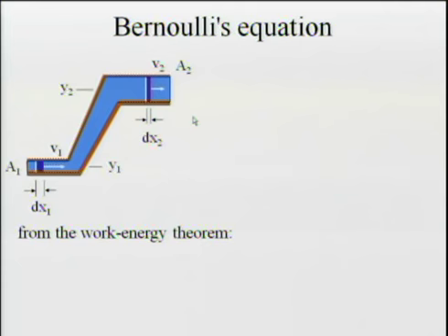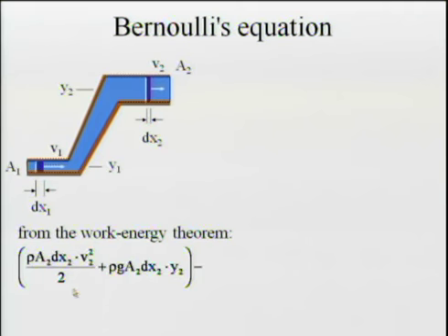So from the work energy theorem, over here I wrote an expression for mechanical energy. Let's take a look at what is here. If I look at this system, previously I didn't have those particles, so these particles over here give me a gain to the total mechanical energy of the system.